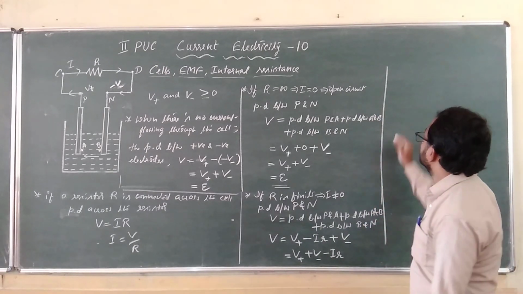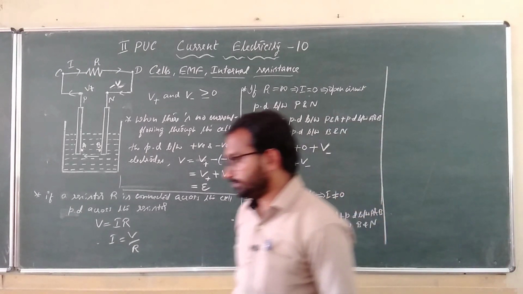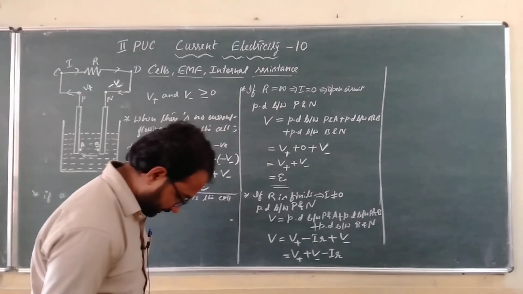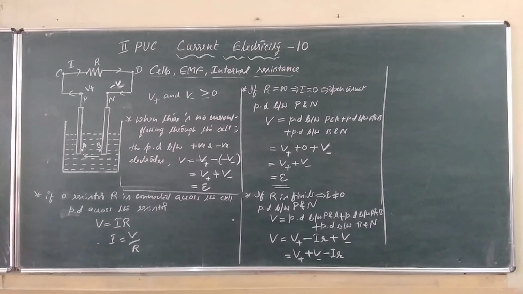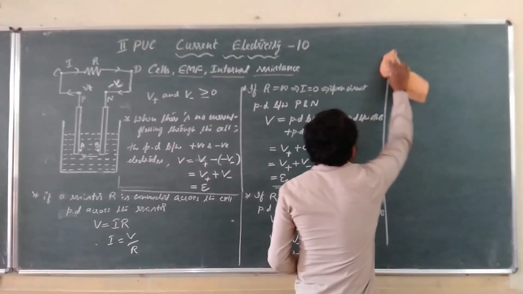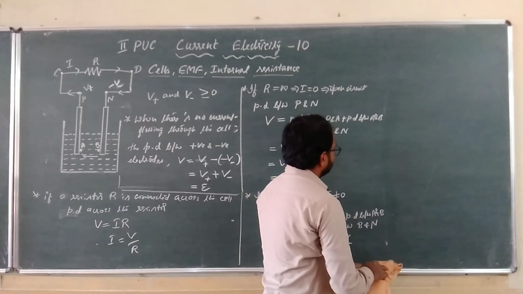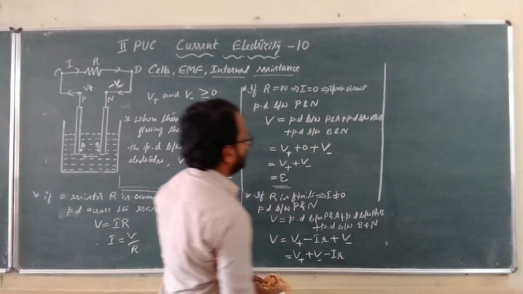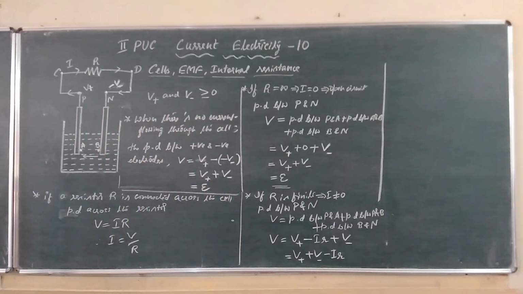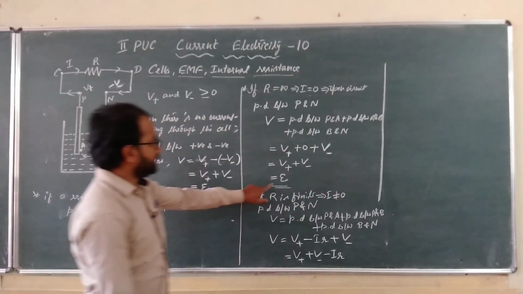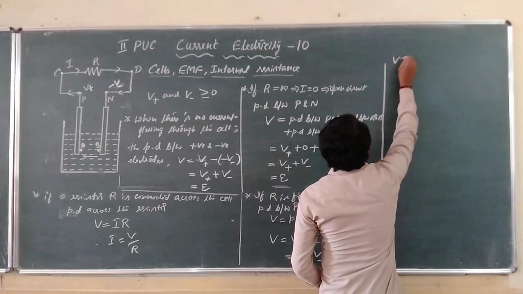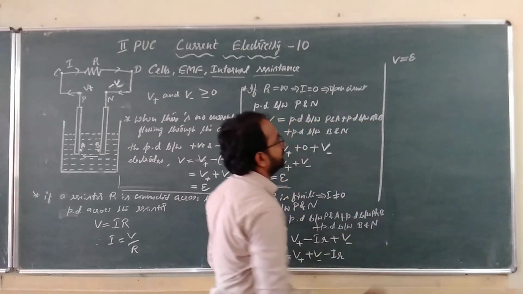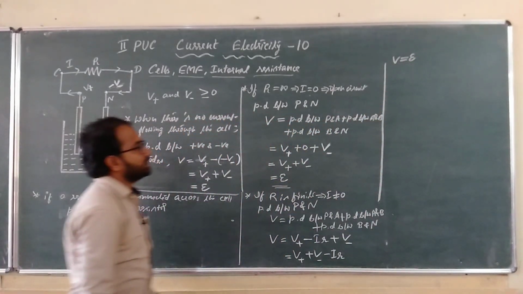So therefore, now what is V plus V minus? That is the EMF of the cell, the maximum potential difference across the two electrodes of the cell in an open circuit, minus IR.